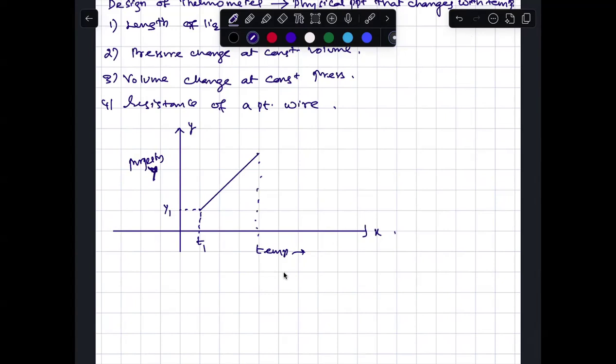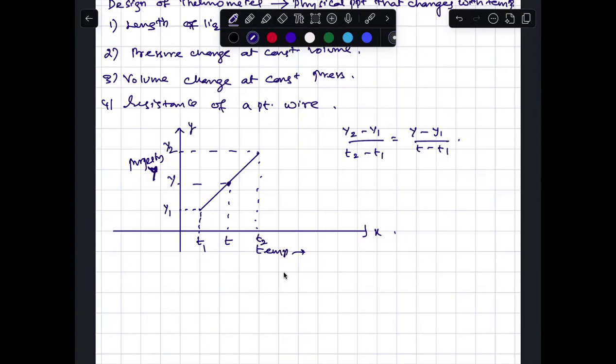Similarly, at some T2, the property is Y2. So I want to measure T when the property is Y. Because in all the cases I have taken linear variations, can you please help me in forming an equation here? What is the equation? Y2 minus Y1 by T2 minus T1 is Y minus Y1 by T minus T1.